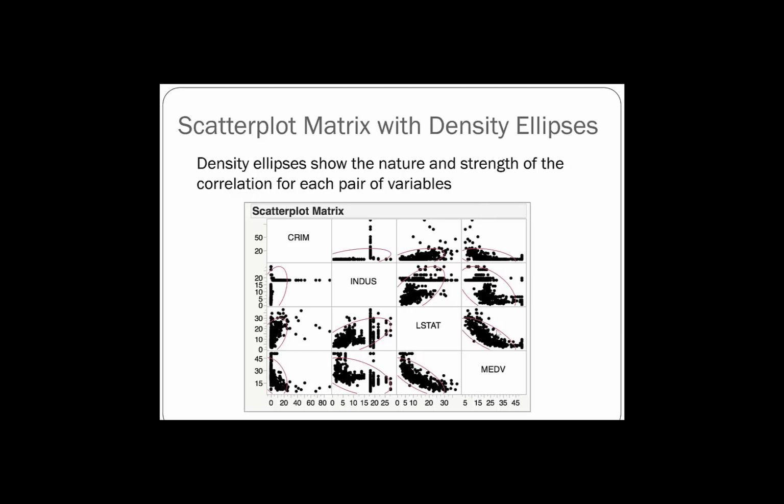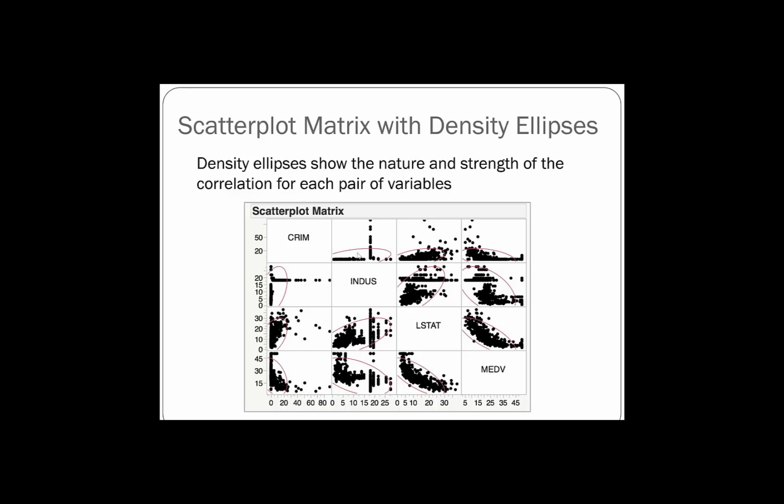So if I want to see the scatter plot between crime and median value, it's going to be crime on the y-axis, median value on the x-axis. Here it is. Indus and LSTAT looks like that. So again, another good graphical summary for looking at variables and seeing what kind of relationships you have here.